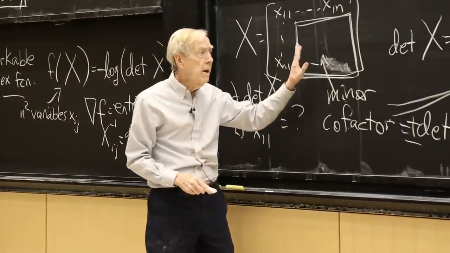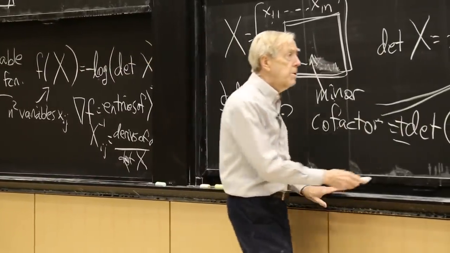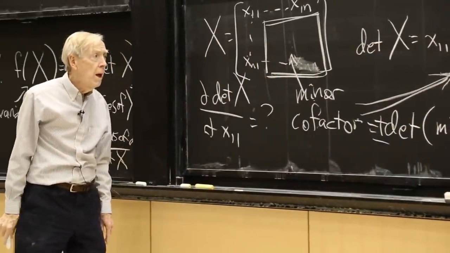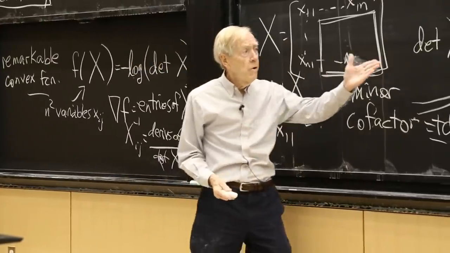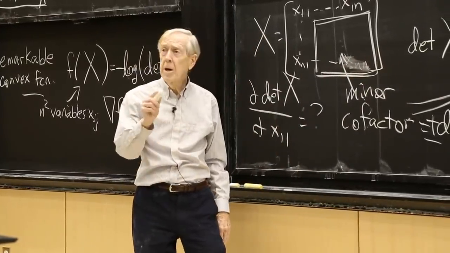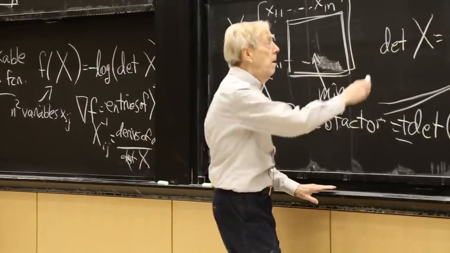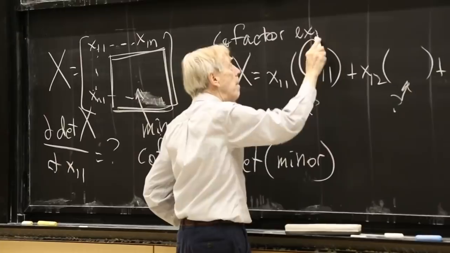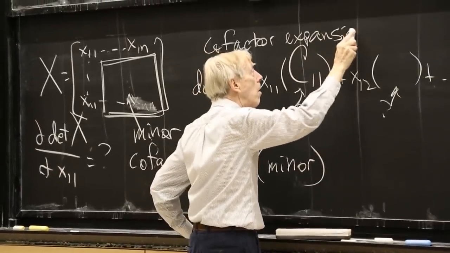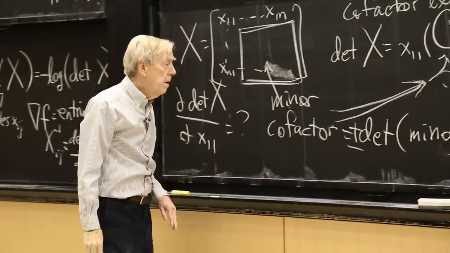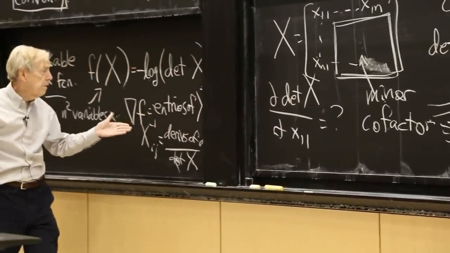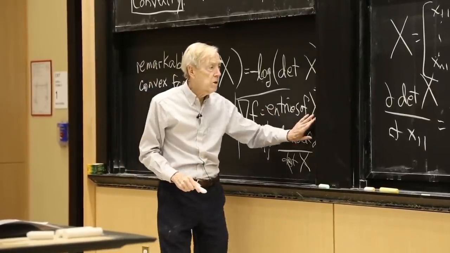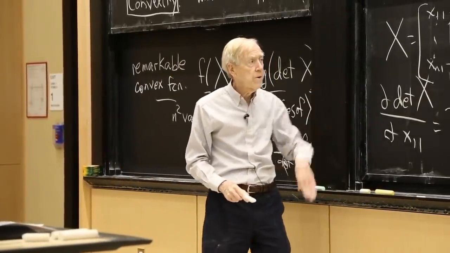So anyway, it's the cofactor. Let me call it C11. And so that's the formula for the determinant. That's the cofactor expansion of a determinant. And that will connect back to this amazing fact that the gradient is the entries of x inverse, because the inverse is the ratio of cofactor to determinant.